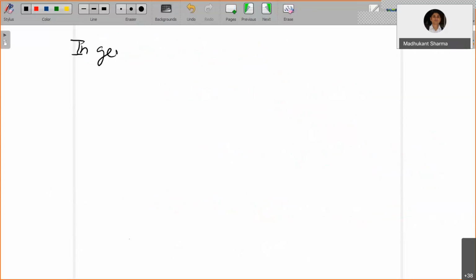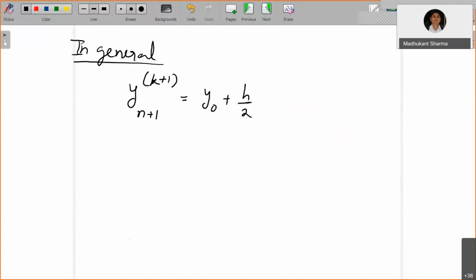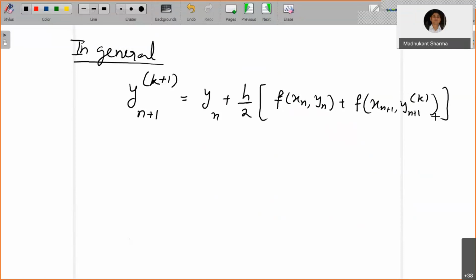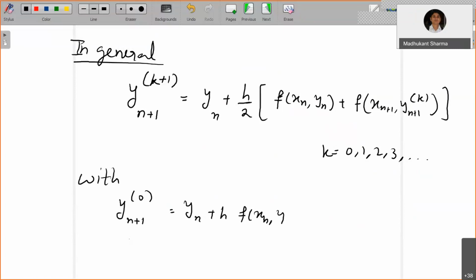In general, y n plus 1 at k plus 1 is equal to yn plus h by 2 times f of xn comma yn plus f of xn plus 1 comma yn plus 1 of k, where k is equal to 0, 1, 2, 3 and so on, with yn plus 1 0 equal to yn plus h times f of xn comma yn.